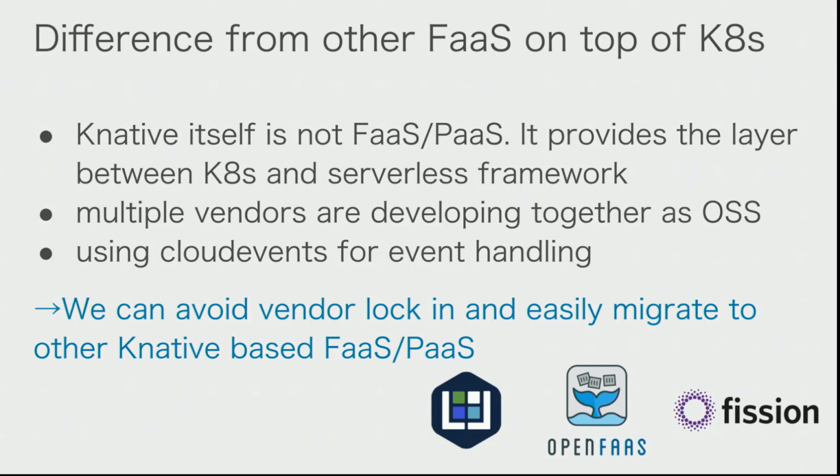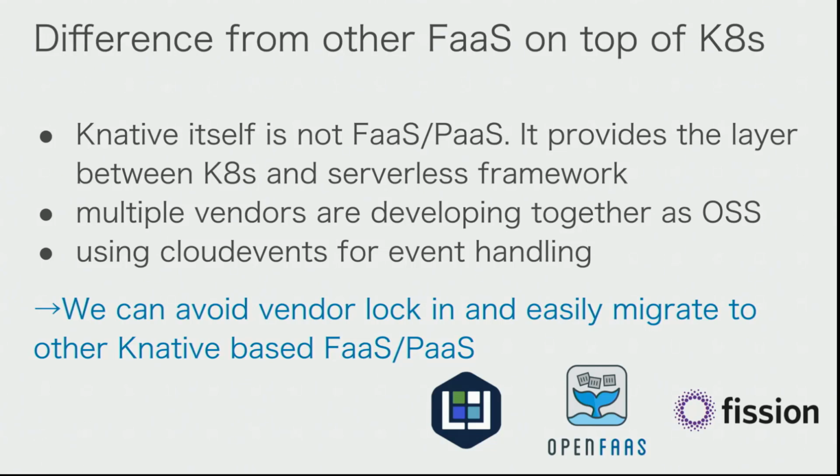So what's the difference from other FaaS on top of Kubernetes? There are already many FaaS solutions on top of Kubernetes, like Kubeless, Fission, and OpenFaaS. First, Knative itself is not a FaaS. It provides the layer between Kubernetes and the serverless framework.